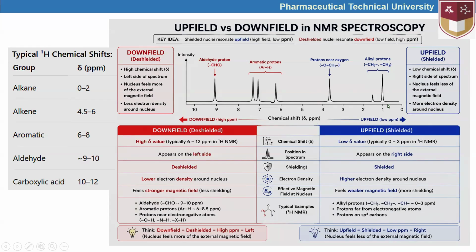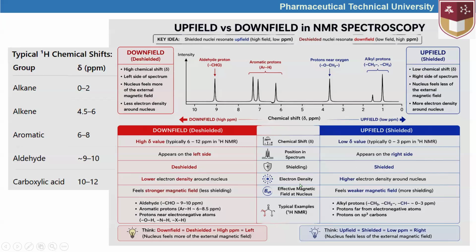Upfield can be, let's say, between 0.0 and 4, and downfield can be between 5 and all other parts between 5 and 12. Yeah, here it's written 6 and 12. It appears on the left side. I mean, the downfield de-shielded effect appears on the left side, and upfield appears on the right side. And the shielding effect here, it is shielded and it's de-shielded.